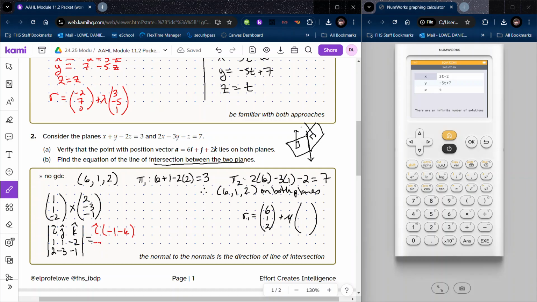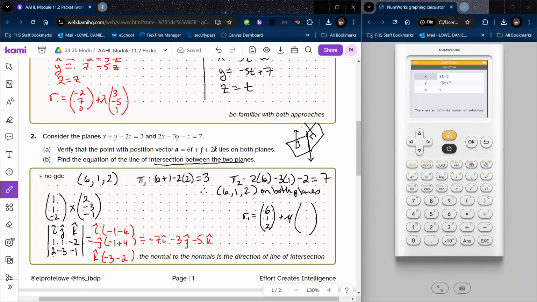Then in the negative j direction, 1 times negative 1, which is negative 1, minus 2 times negative 2, which is negative 4, subtract that, becomes plus 4. And then in the k direction, I will have 1 times negative 3, which is negative 3, minus 1 times 2, which is negative 2, so then subtract. And that's going to give me negative 7 in the i direction, negative 3 in the j direction or the y direction, and negative 5 in the k direction.